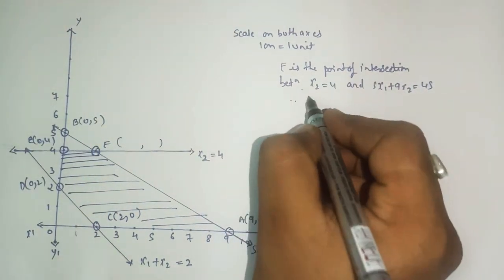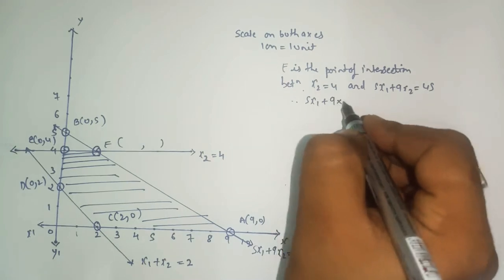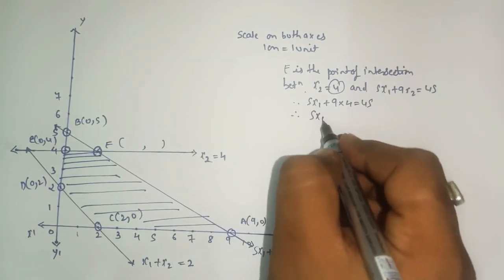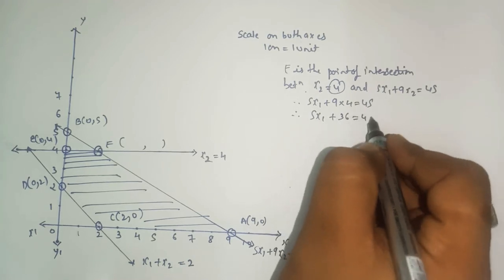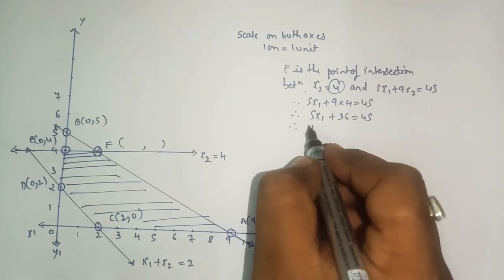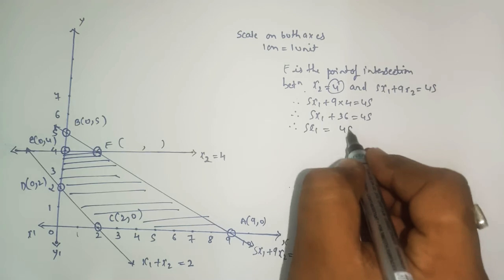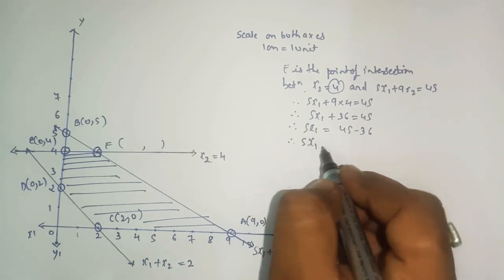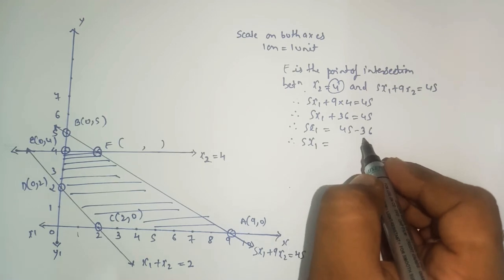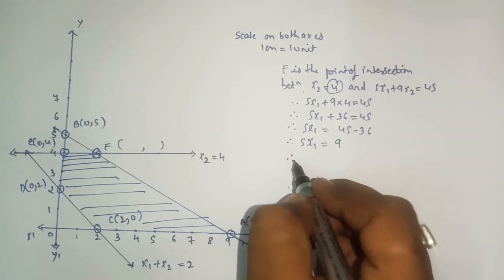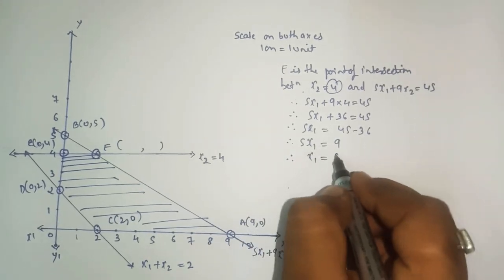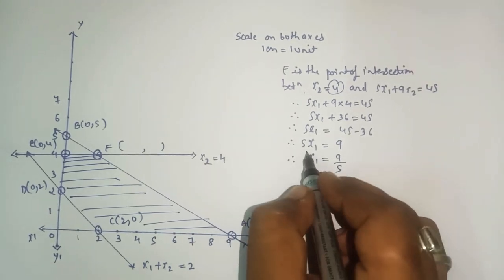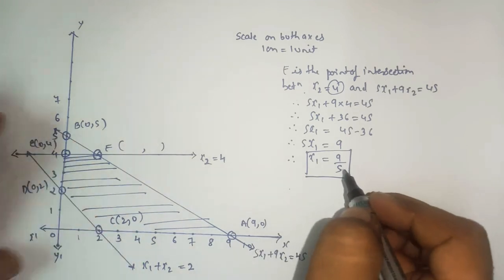So therefore 5x1 plus 9 into x2, which is 4, so 5x1 plus 36 equals 45. So 5x1 equals 45 minus 36. 45 minus 36 is 9. So x1 is 9 upon 5.